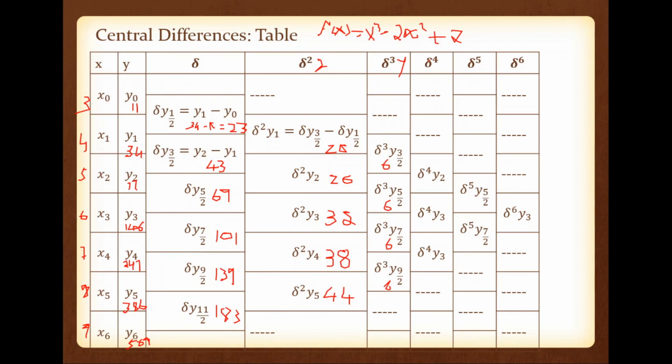If you are calculating delta raised to 4, the next central difference, all are 0: 6 minus 6 is 0, and so on. Means from this fourth order central difference onwards, we have 0. Okay, so this is the central difference table.